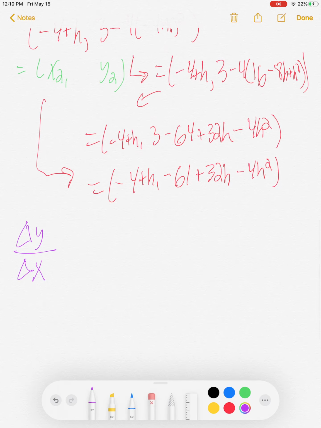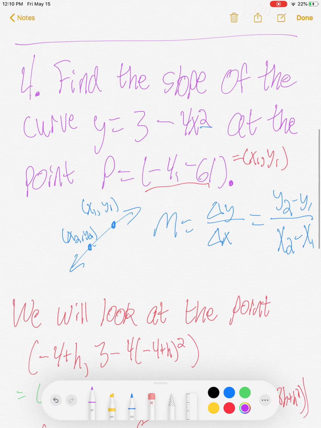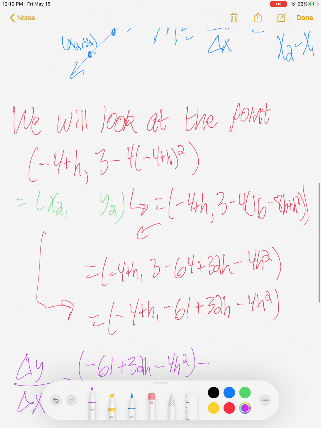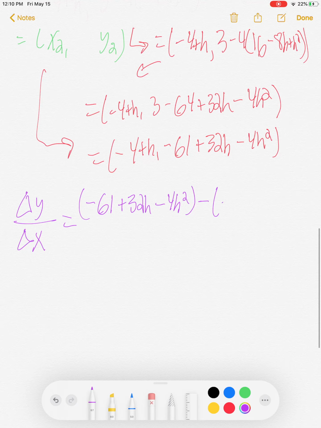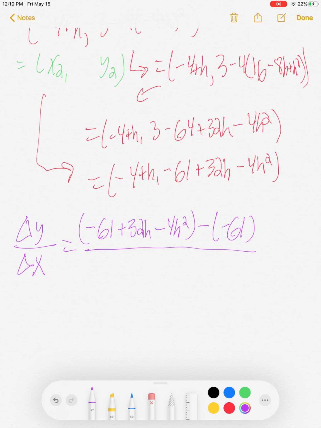So our y2 in this case is minus 61 plus 32h minus 4h squared. And then we're going to subtract y1, which was minus 61. So minus a minus 61, over, okay, now x2 is negative 4 plus h.